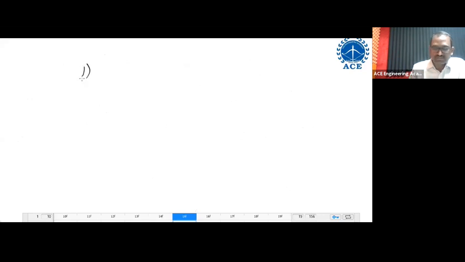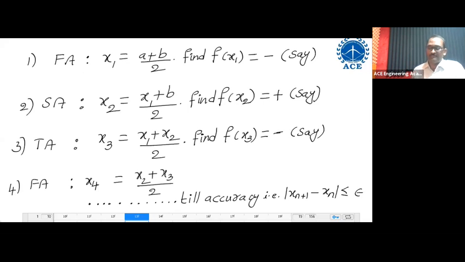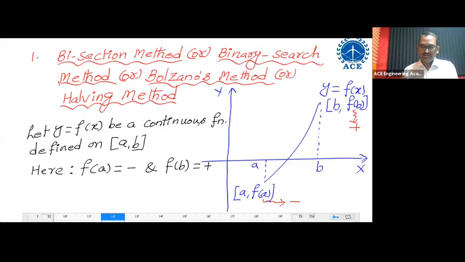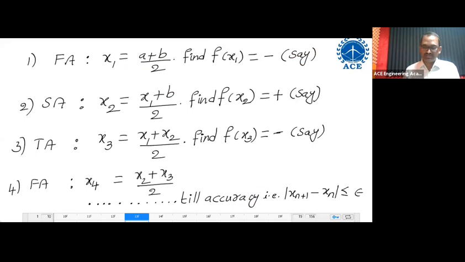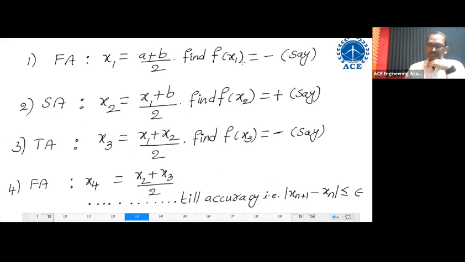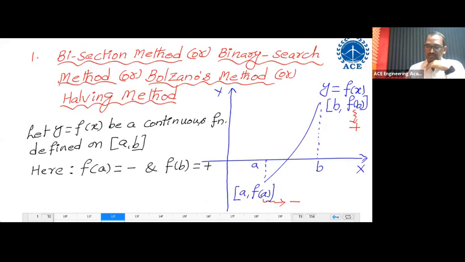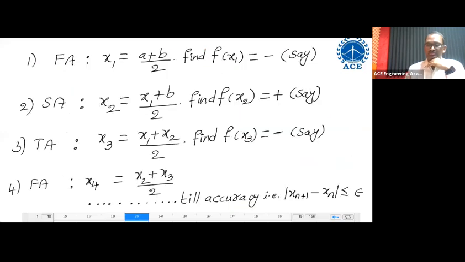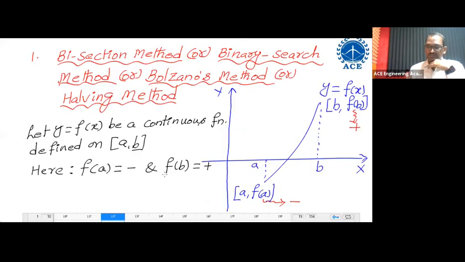Just one minute, rough estimation, because I want to discuss one conclusion. Listen to me, everyone. First time you said that the root lies between a and b, because f of a and f of b are of opposite signs.